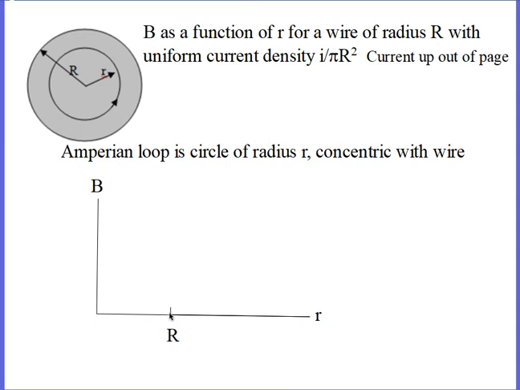Here would be the edge of the current carrying wire. So what does it look like inside? What does it look like outside? Remember, if there's a significant event that happens here, you ought to try your best to indicate at what value that happens. Good luck with that.